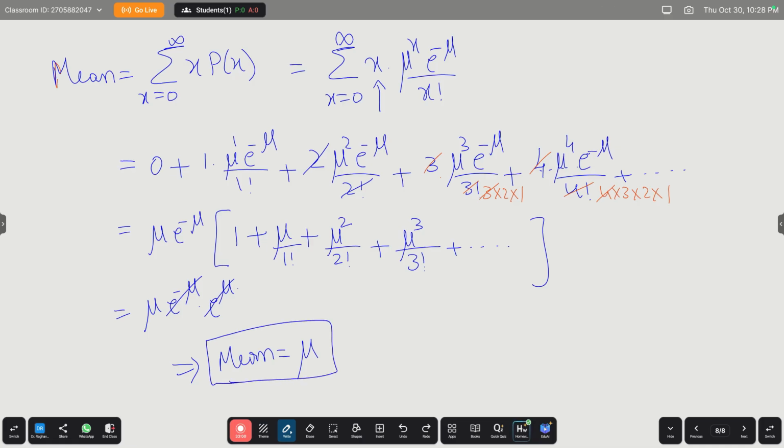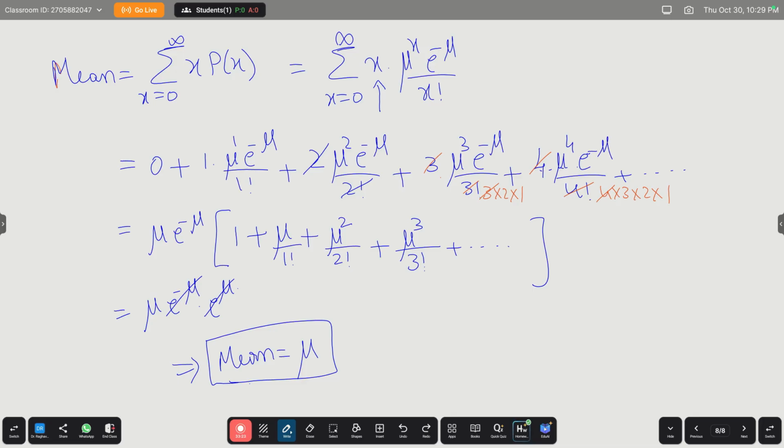So for both binomial and Poisson, the steps are the same. The difference is that there we use nCx p power x q power n minus x and the expansion is binomial. Here p of x is mu power x e power minus mu divided by x factorial, and the expansion is Maclaurin's.